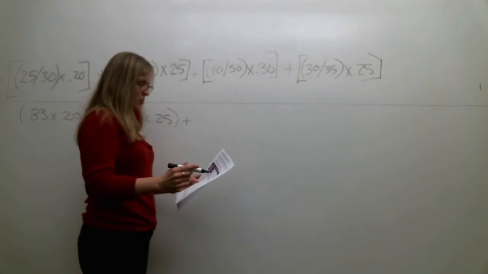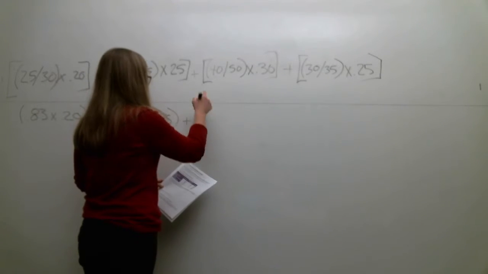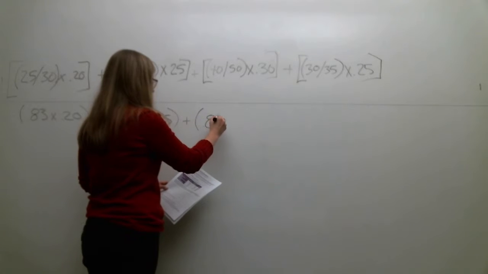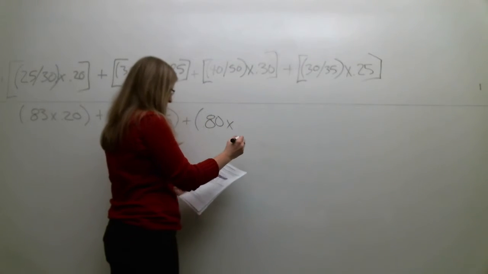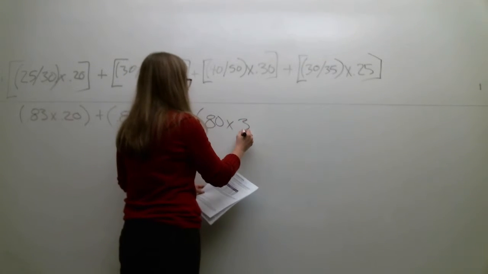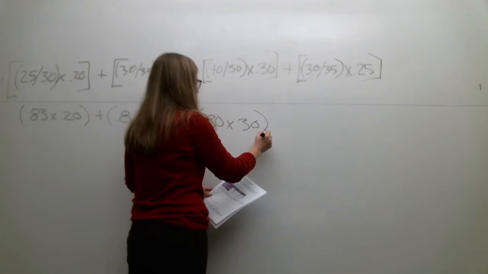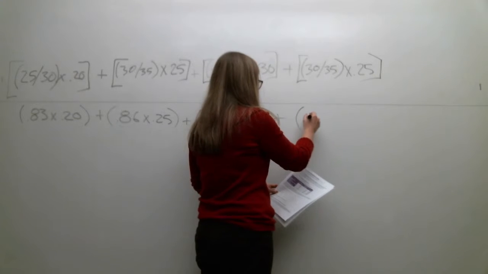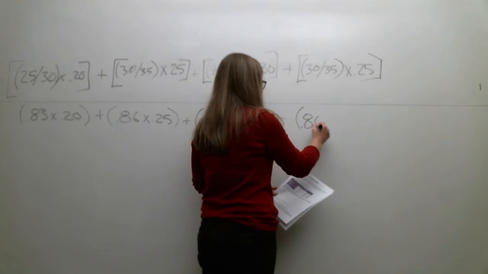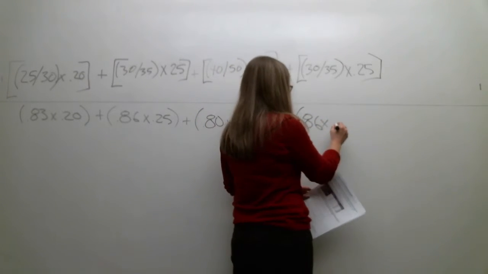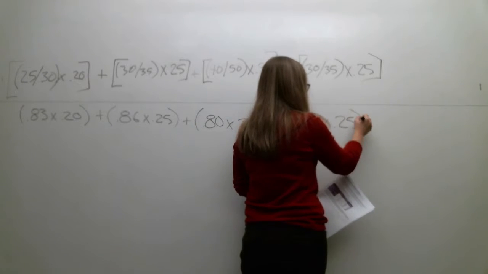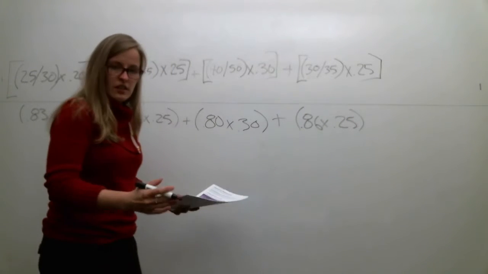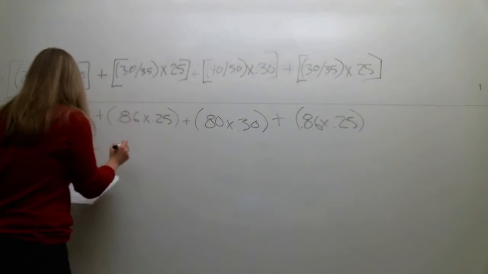My next one, my research paper. My student, I figured this out, got an 80%, times the 30% that this assignment was worth. And then finally, this is an 86%, so 0.86 times 0.25, because it's 25% of the total grade. You go ahead and continue to simplify this down.